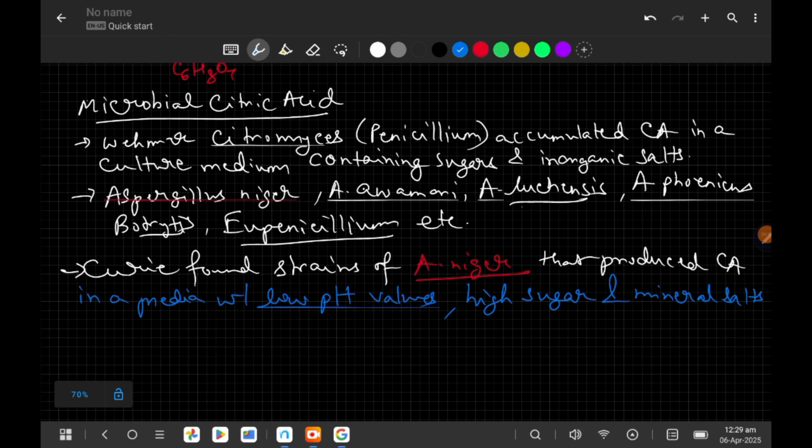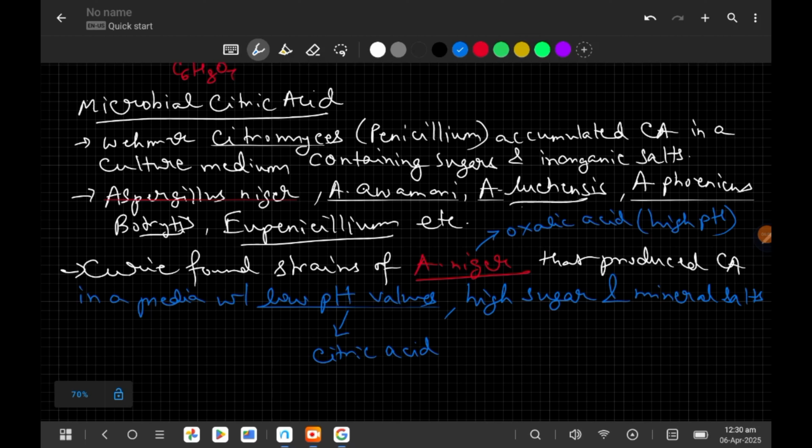Why? Because it was known that at high pH values, Aspergillus niger produces oxalic acid, and at low pH values it produces citric acid. So it is the difference in pH that makes Aspergillus niger produce two different kinds of organic acids.